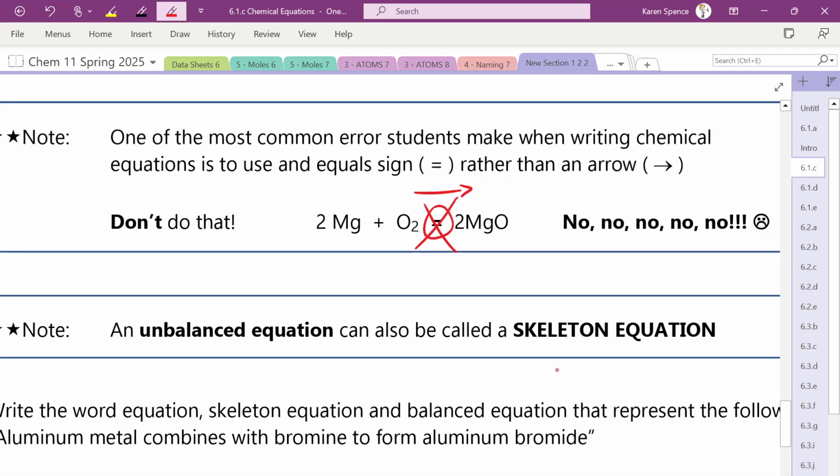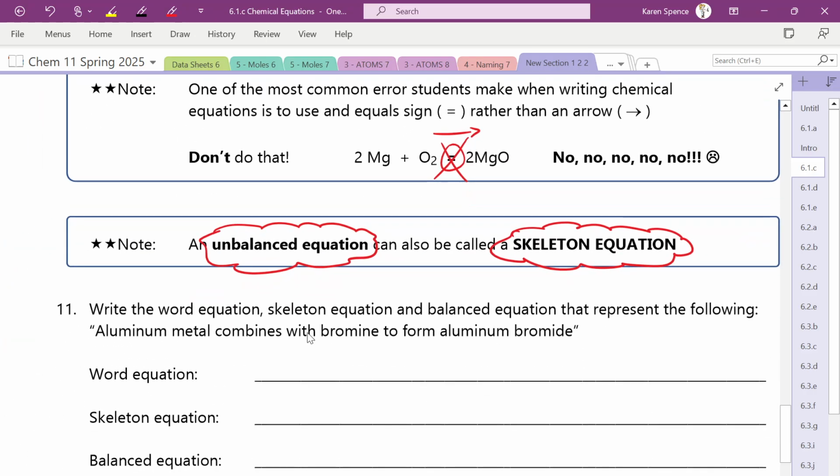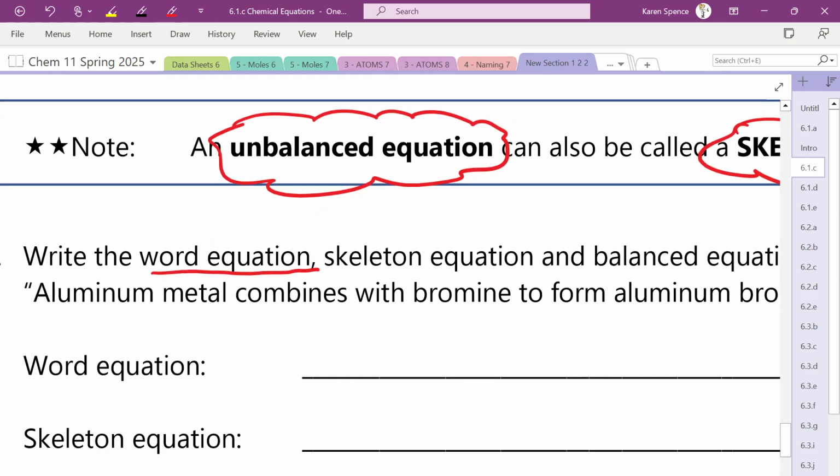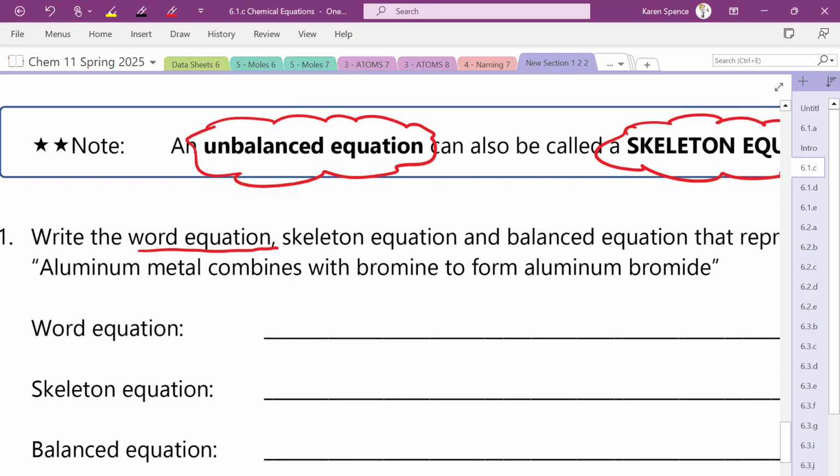Just for future reference, an unbalanced equation can be known as a skeleton equation. And now we are going to write the word equation, then the skeleton equation, and then the balanced equation for the following. Aluminum metal combines with bromine to form aluminum bromide.